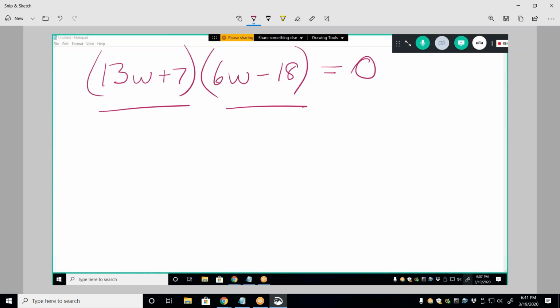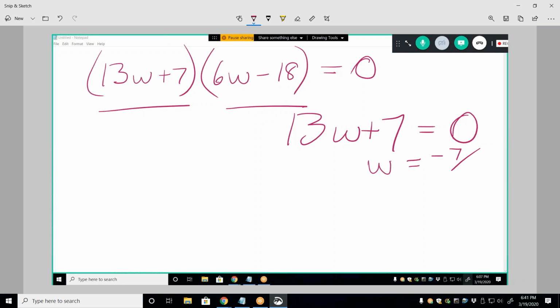One of them has to be equal to 0. So let's start there. Start with the first thing, set it equal to 0, solve for w. So w equals negative 7/13.